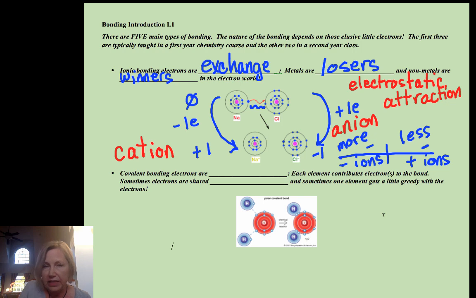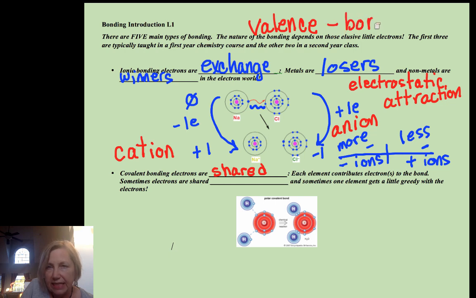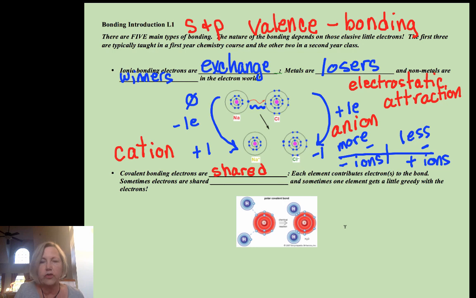Now, in covalent bonding, the electrons are shared. So the valence electrons, and by the way, remember it's the valence electrons that are involved in bonding. You might have learned this in your atom unit. Valence electrons are your outer S and P electrons.